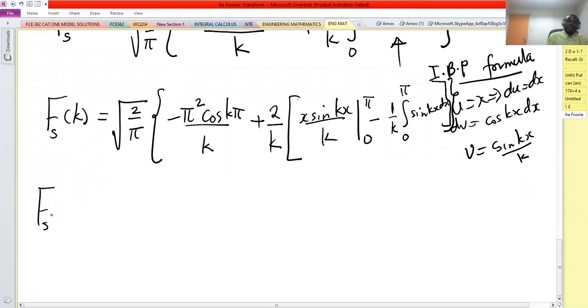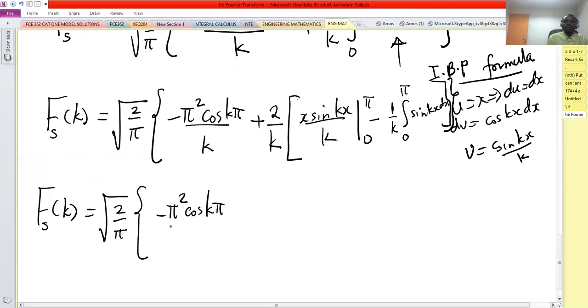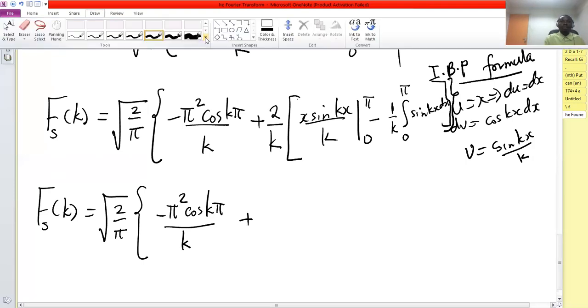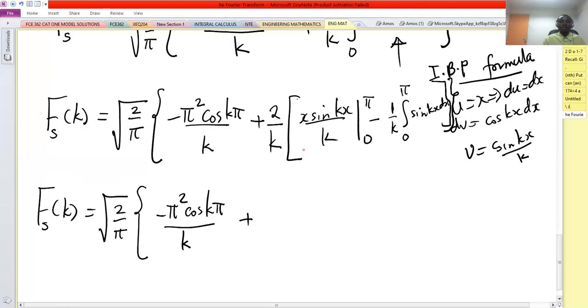So the sine Fourier transform of the function is square root of 2 over pi times minus pi squared cosine k pi divided by k, plus, now remember we put pi for x. When I take pi times sine of pi k, I get 0, because sine of multiples of 180 degrees are all 0. So this part will be 0.